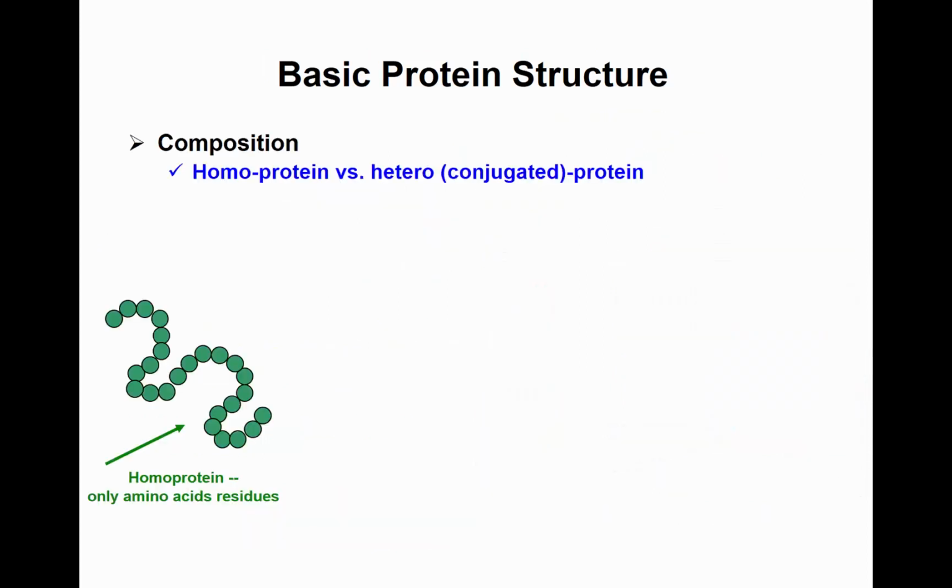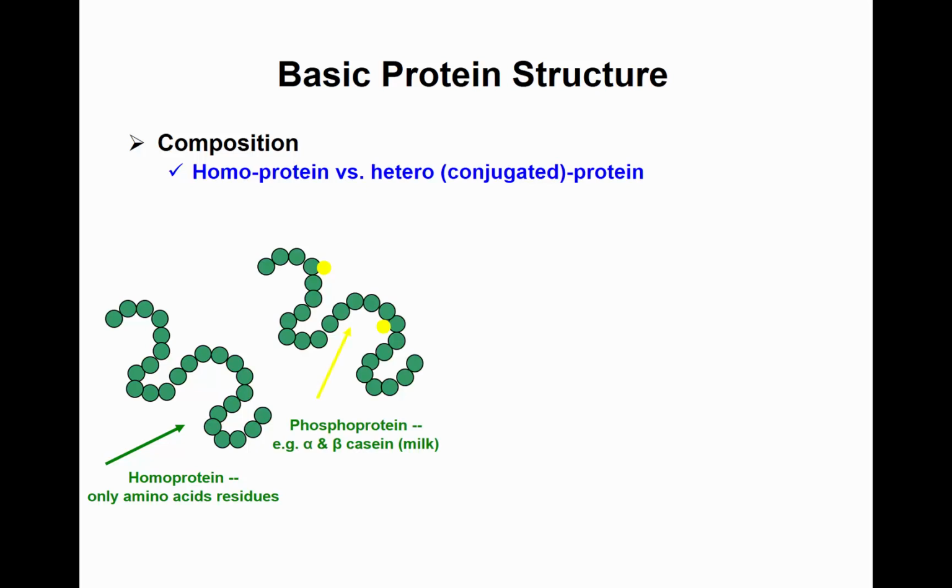Okay. So the next thing I want to mention is that proteins could be homoproteins, meaning only made up of amino acids. There are no other groups. Or they can be phosphorylated, so they have a phosphorus group attached to them, such as in the alpha and beta casein. You have the serine and threonine.